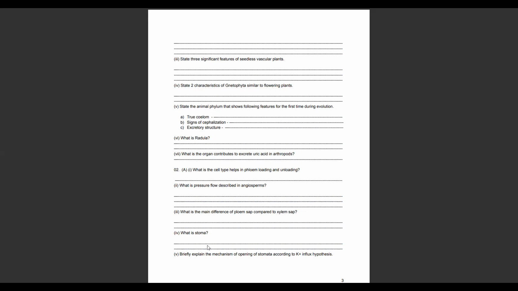Stomata are also epidermal cells, but specialized. Why is it specialized? They are not asking that here, but such a question could be asked. Send your answers, please. Why is it specialized? Why is it called a specialized epidermal cell?